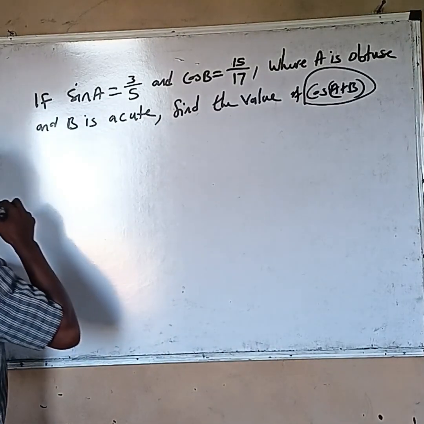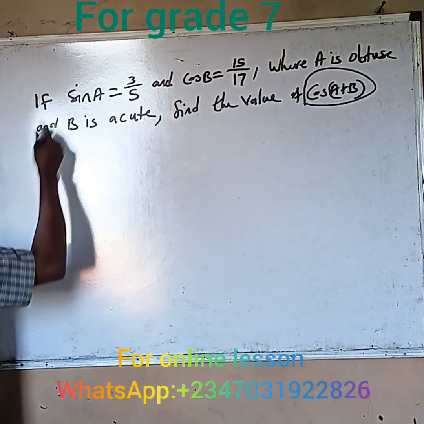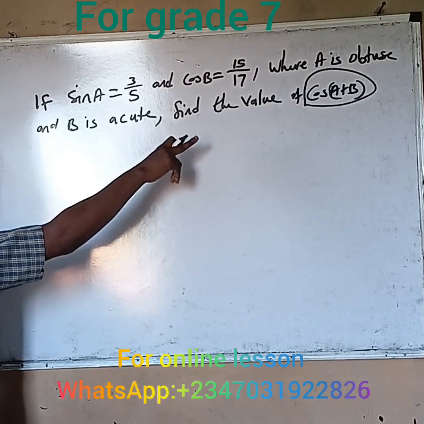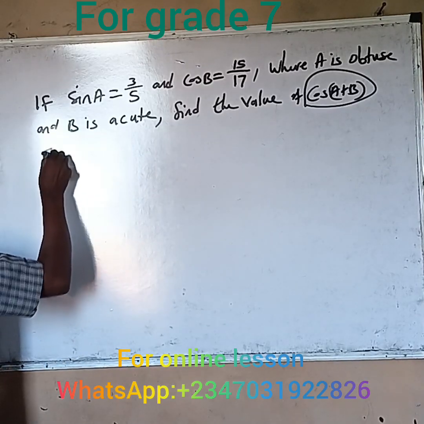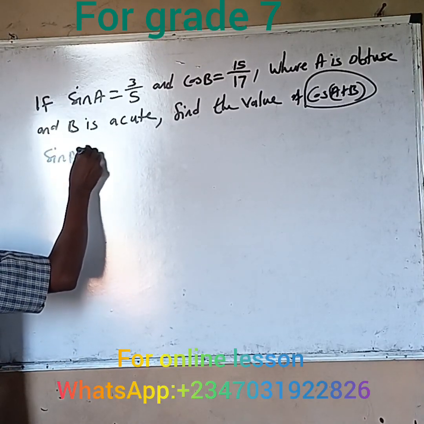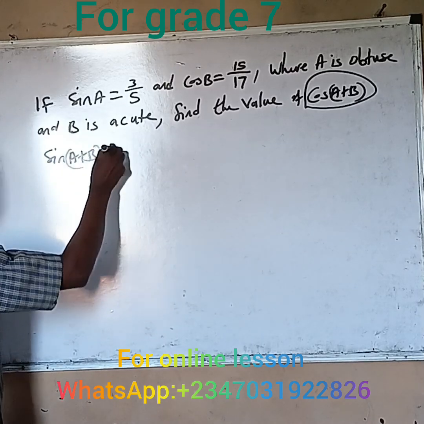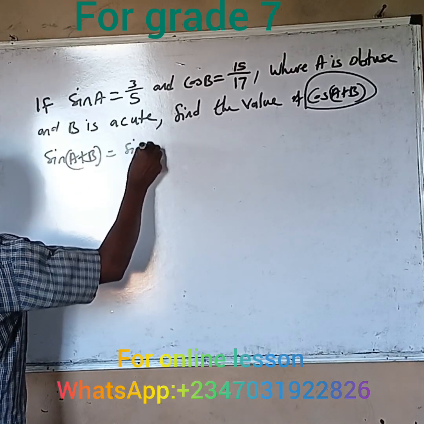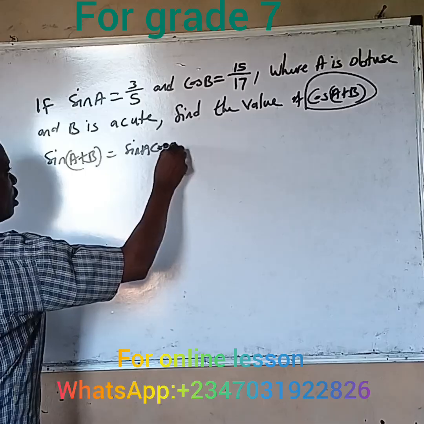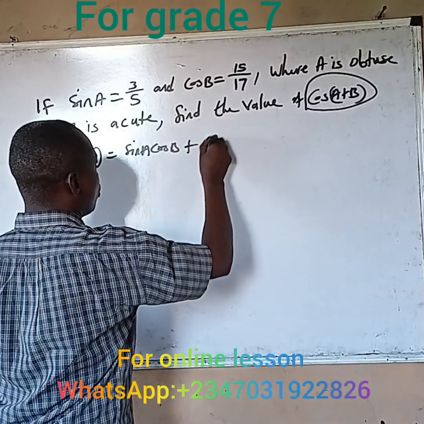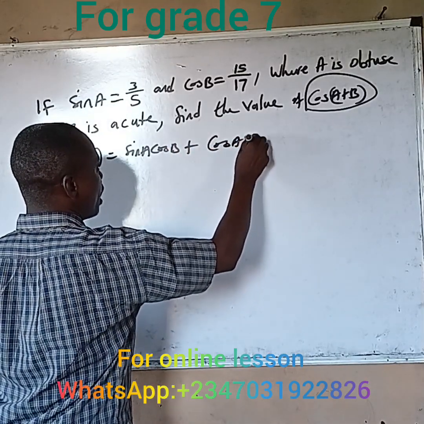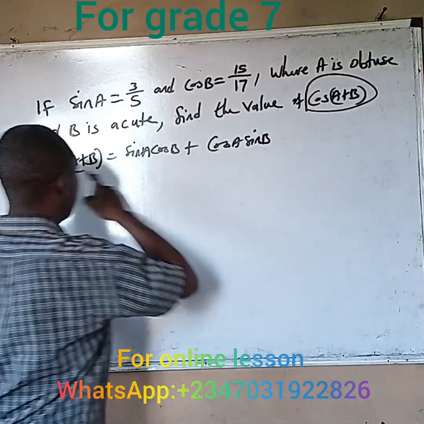Now, compound angle has some things. So let me just write them out, because that's what you'll be using there first. We have sine(A + B) equals sine A cos B plus cos A sine B. You have to know them as you know your name.